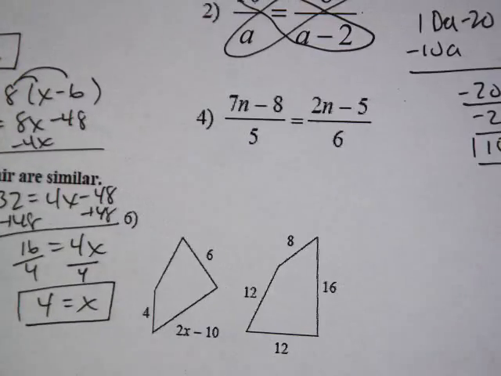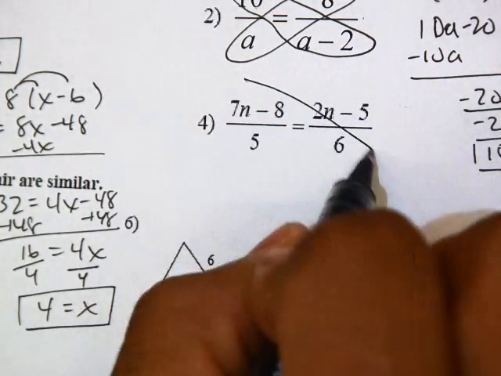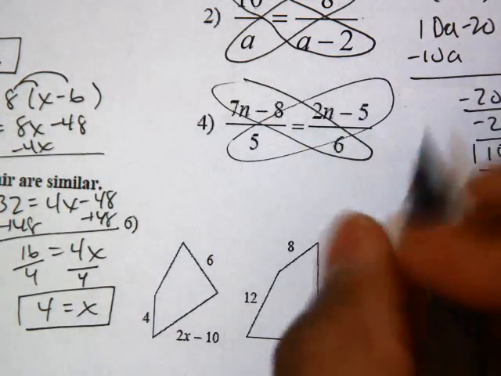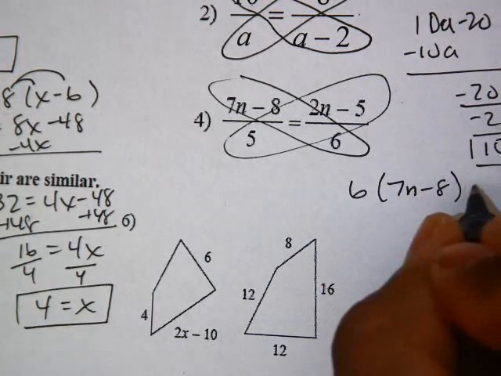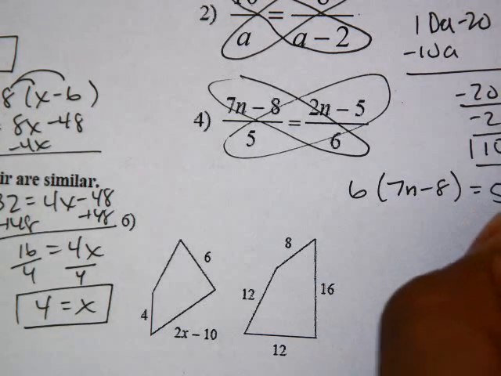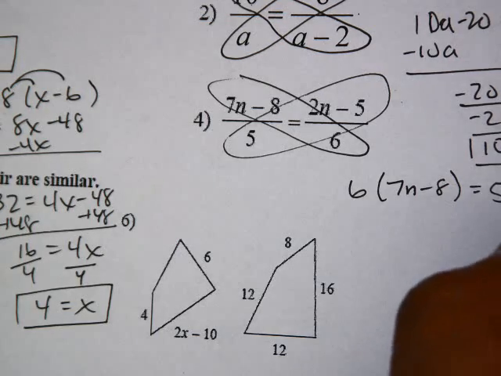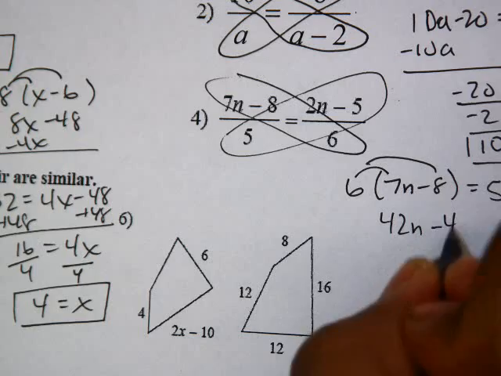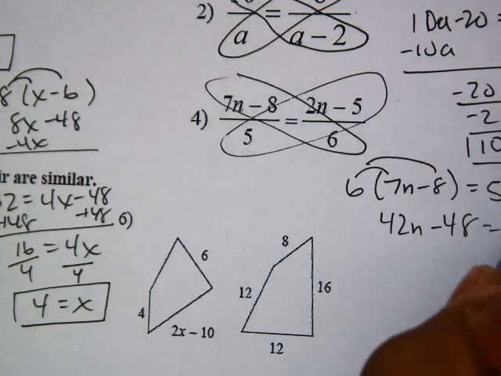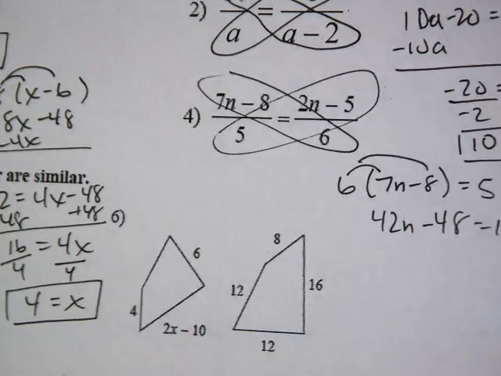Number 4, again, same thing. Cross multiply. That's 6 times 7n minus 8, and 5 times 2n minus 5. Distribute, that is 42n minus 48, that is 10n minus 25.